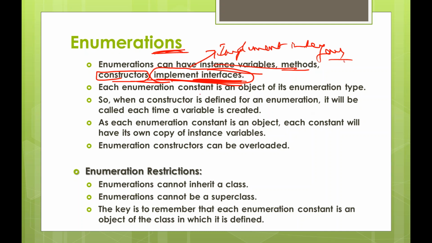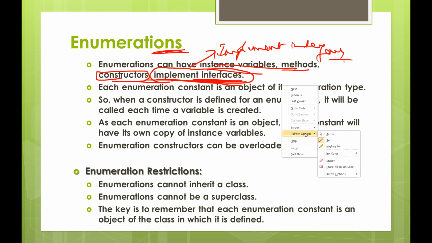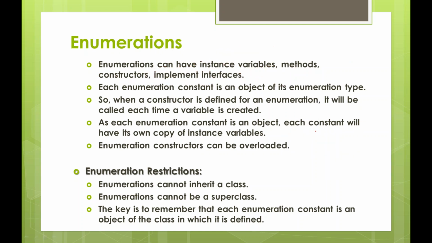One more important thing to understand about enumeration constants is that each enumeration constant is an object.